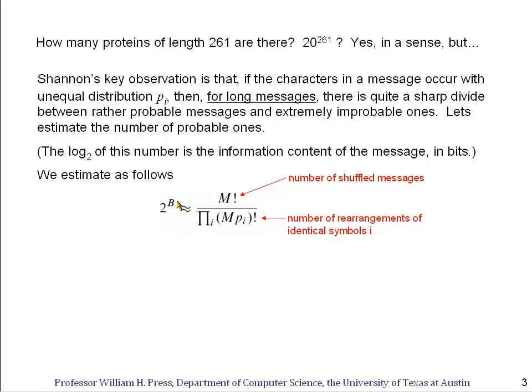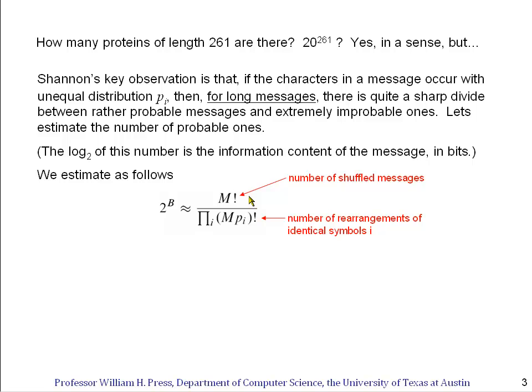And we can estimate this by the following argument. We know the individual probabilities of the characters, and we know the length of the message, so we know that in this message there are going to be, for character i, about m times p_i repetitions of that character. And in fact, as m becomes very large, that estimate is going to become fractionally more and more accurate. Okay, so if that's the number of occurrences of character i, then the total number of messages says take all of those occurrences of all of the characters and figure out the total number of ways those can be rearranged.